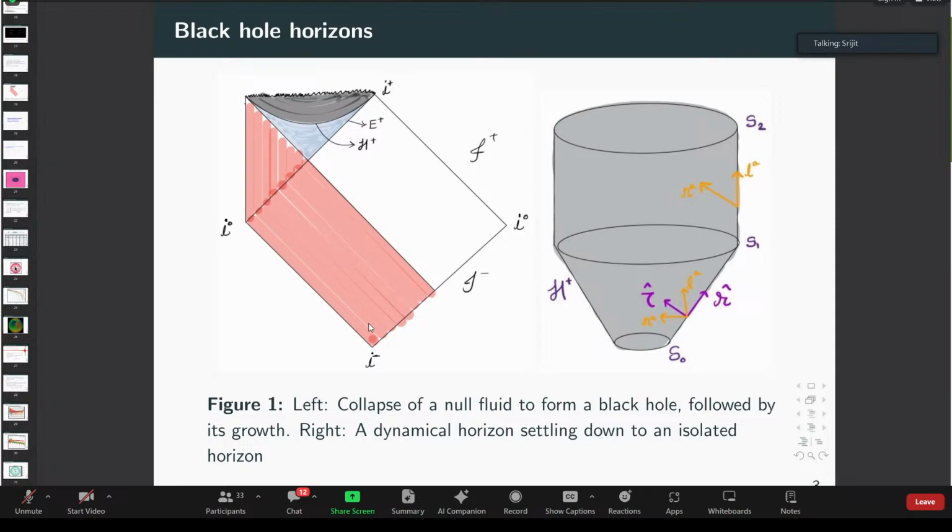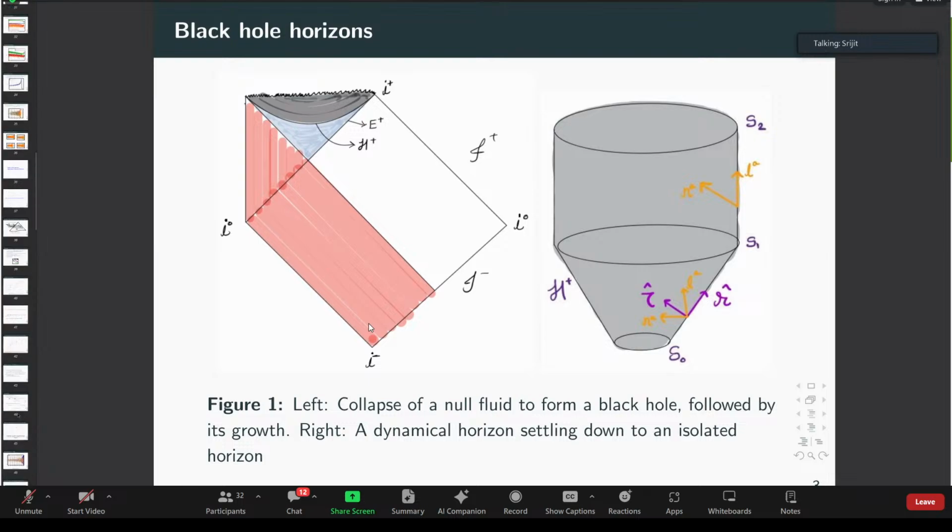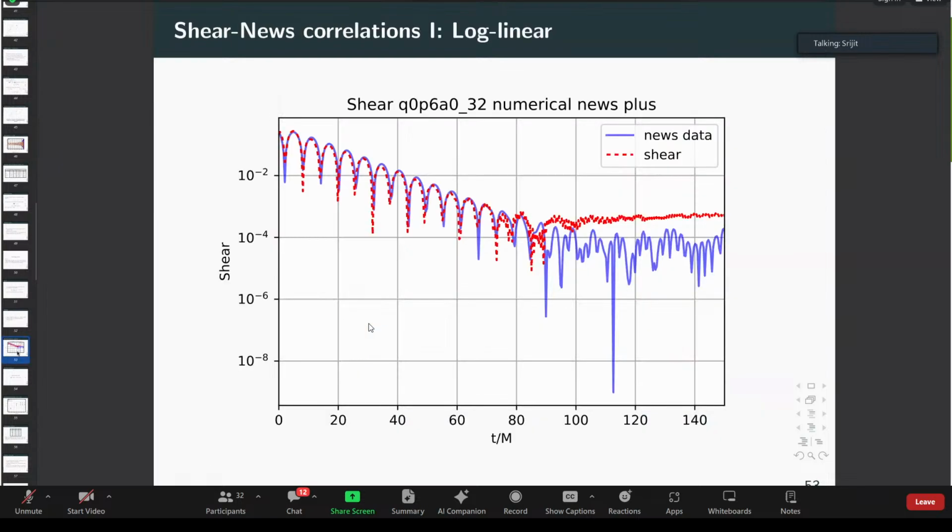The dynamical horizons will ultimately tend to the event horizon. So at late time, how to get the correlation between the Scri plus and this event horizon, which the dynamical horizon eventually settles to?